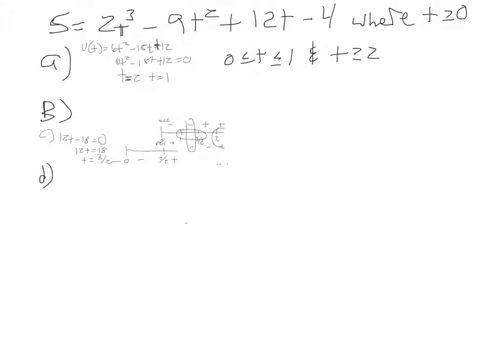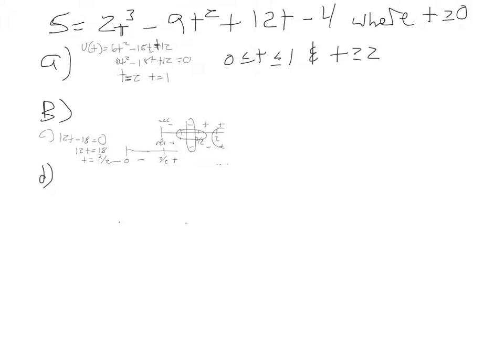Well, you need to know that speed is the absolute value of the velocity. So that tells me I need to find the velocity at t equal 3/2, and then simply take the absolute value of my answer. That's one of the easiest questions out of the whole set.